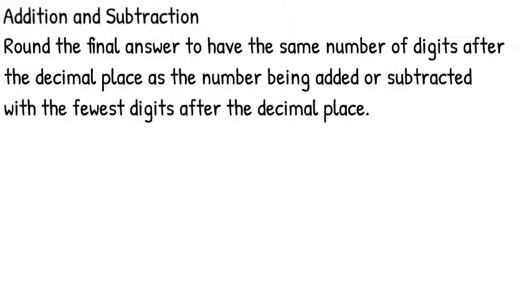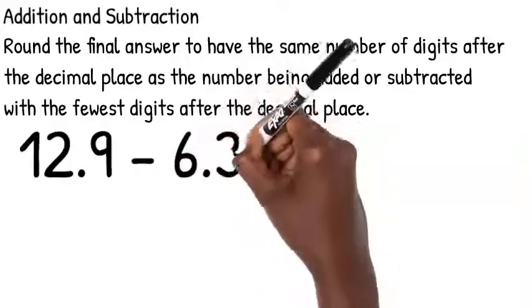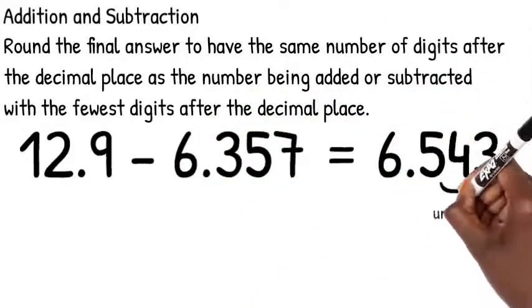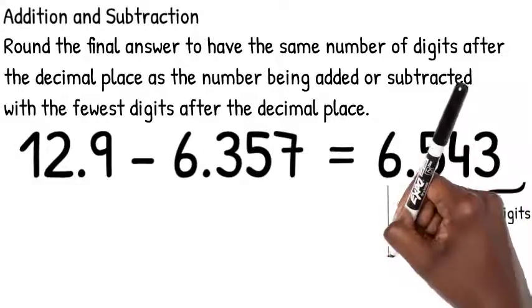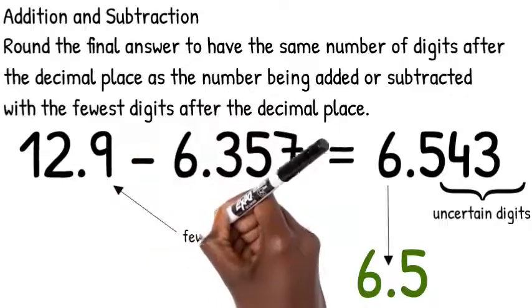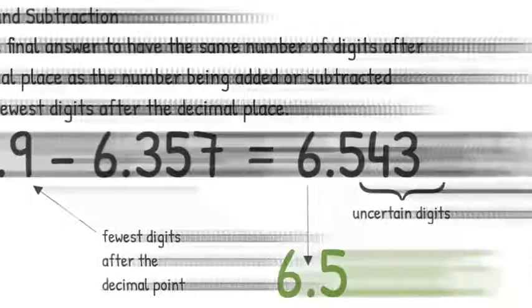Here's an example for clarification. 12.9 minus 6.357 is 6.543. This number rounds to 6.5 to have one digit after the decimal place because 12.9 has only one digit after the decimal place versus 3 in 6.357.